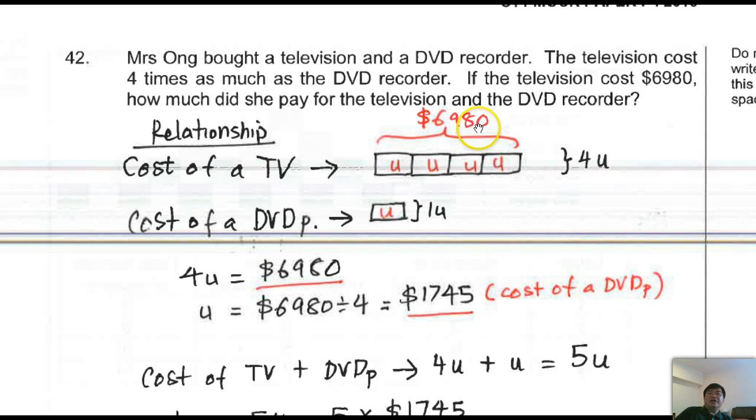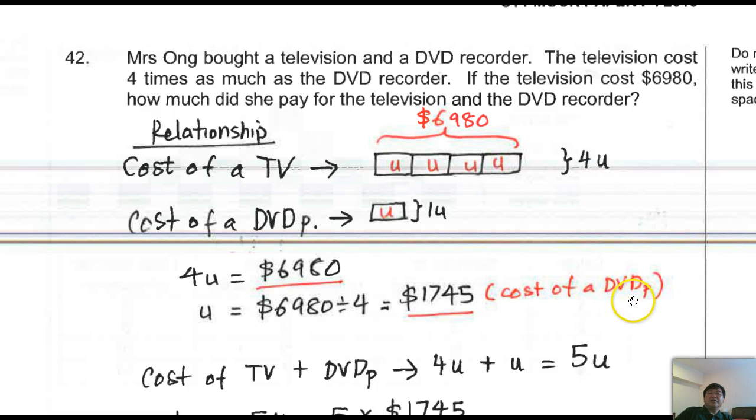What is the question? How much did she pay for the television and the DVD recorder? In total, she paid for 5U. Right? 4U plus 1, 5U. First of all, we find 1U first. Alright? So 4U is so much. 1U is 6980 divided by 4. 1U is this. And this 1U is also the cost of the DVD player. What is my question?